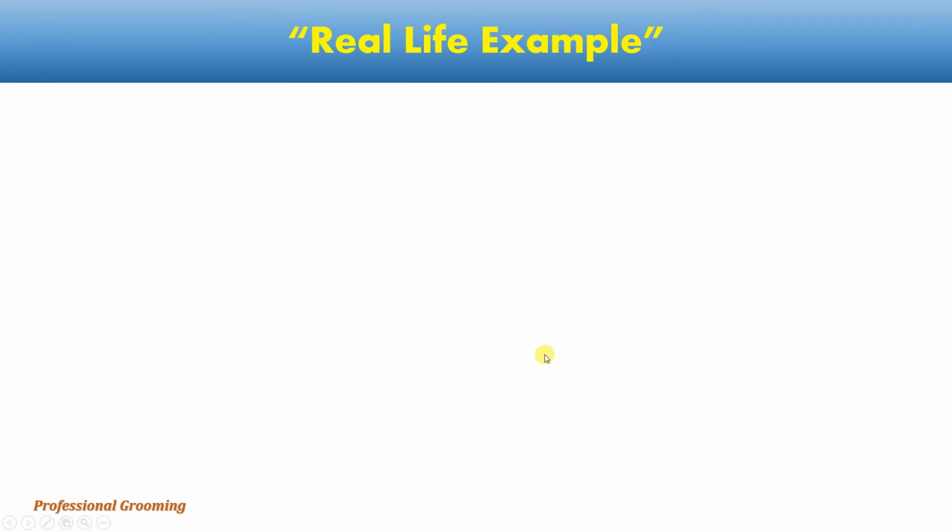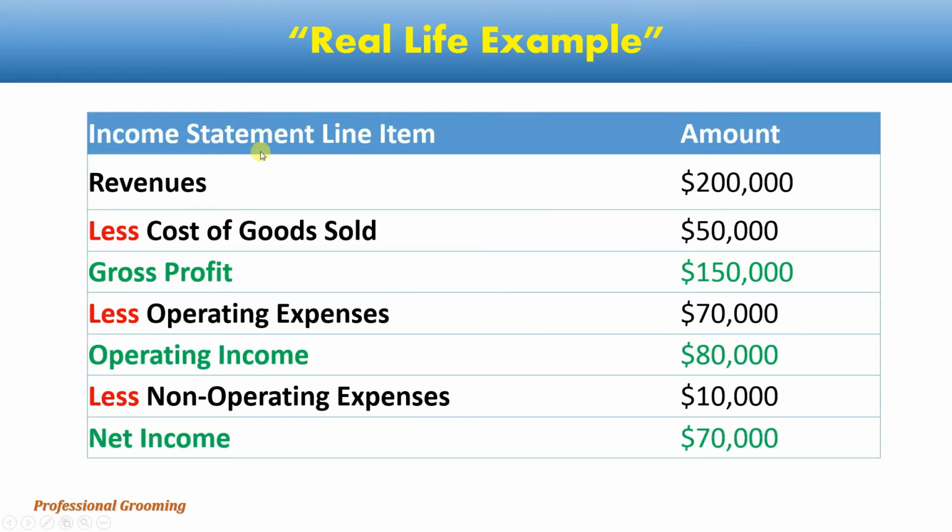Let's discuss the real life example, an income statement example. This is an income statement line item and the amount. First, there are the revenues or the sales, and after that the cost of goods sold, and after that there is the gross profit. Revenue minus cost of goods sold gives gross profit. After the gross profit, we have the operating expenses head.